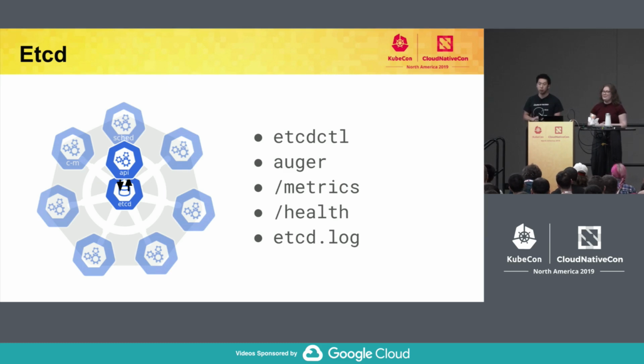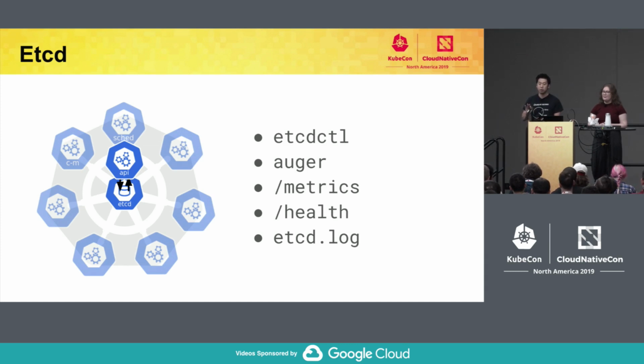It's a tool written by one of my friends and colleagues at Google. His name's Joe Betz. And the thing about Auger is that it can interact with a BoltDB file directly. This is super useful because this means you can query for data without actually having etcd running. And that in and of itself is valuable enough to justify using it.